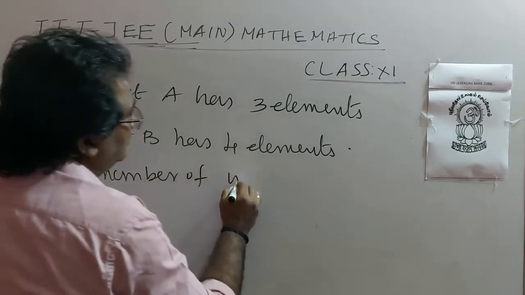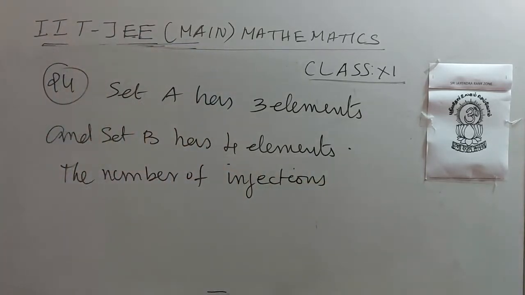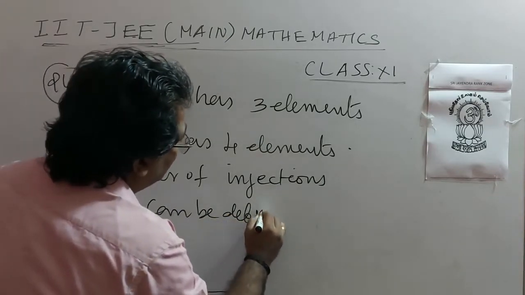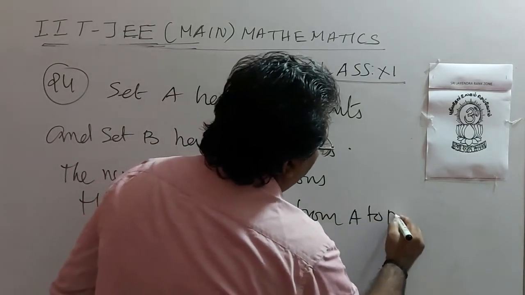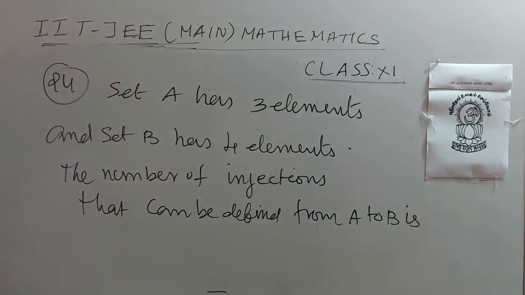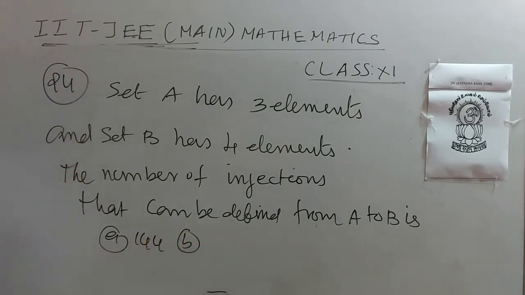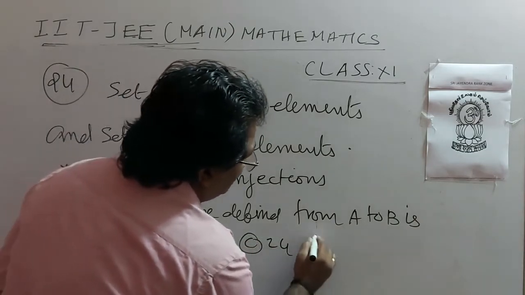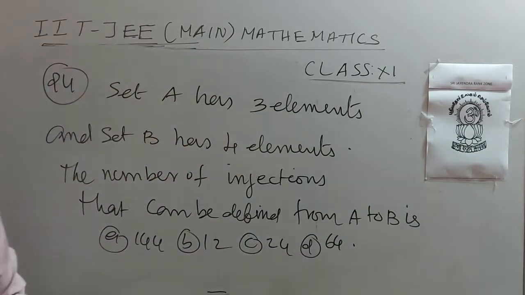The number of injections that can be defined from A to B is: 144, 12, 24, 64.